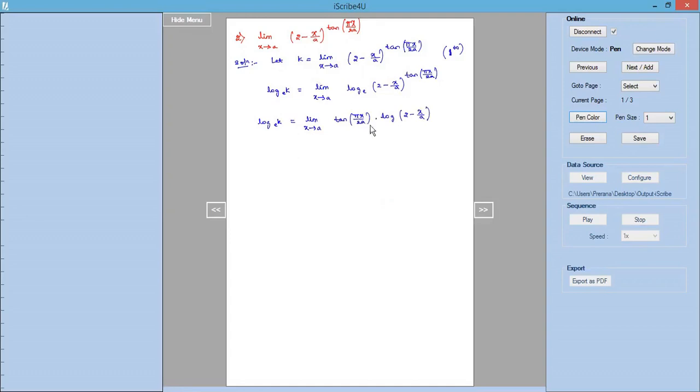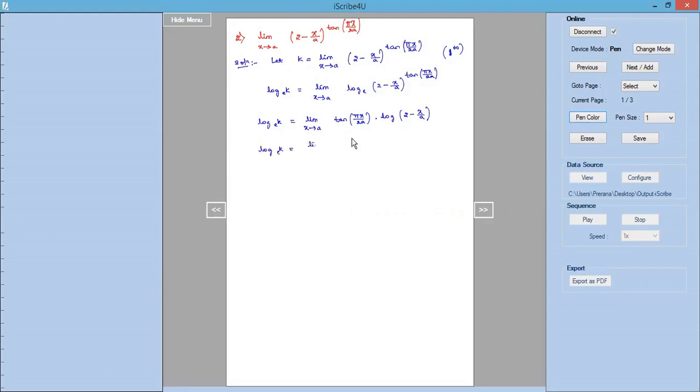Now at this stage when we look, we don't have a fraction form of the question. So we always try to put it into the fractional form, f of x by g of x form. In order to put that, we will take tan of pi x by 2a to the denominator, which is 1 divided by tan in the denominator, and that can be written as cot.